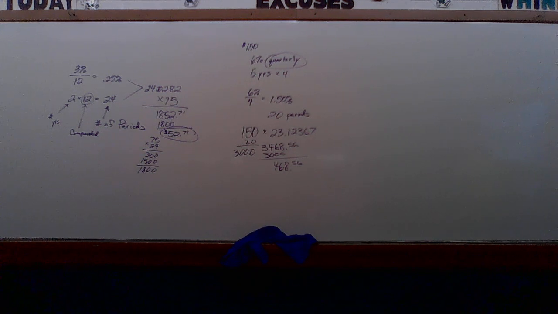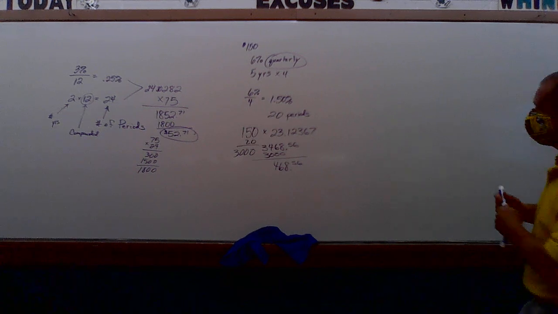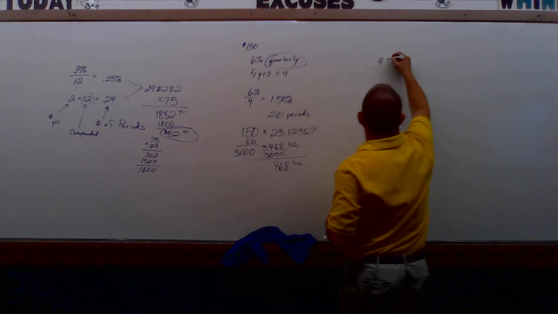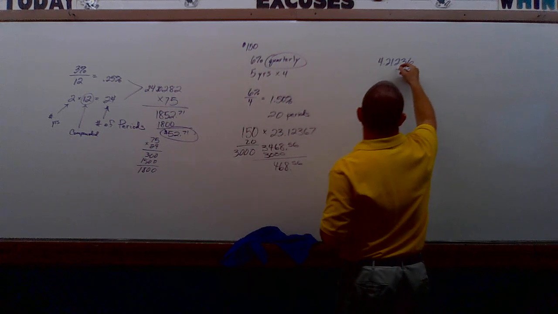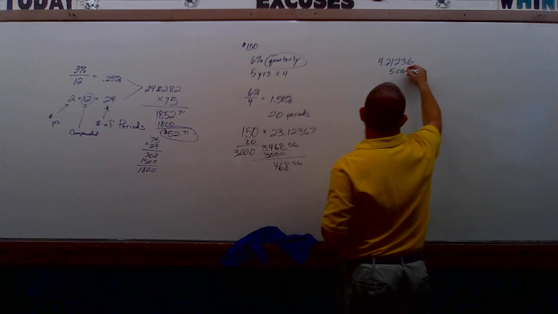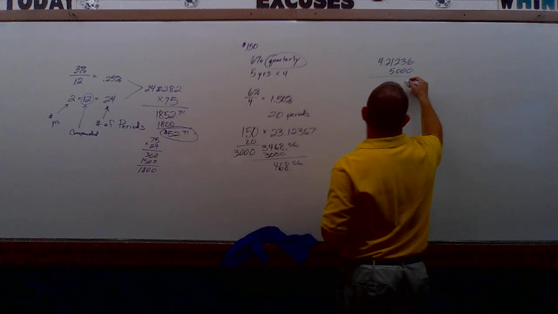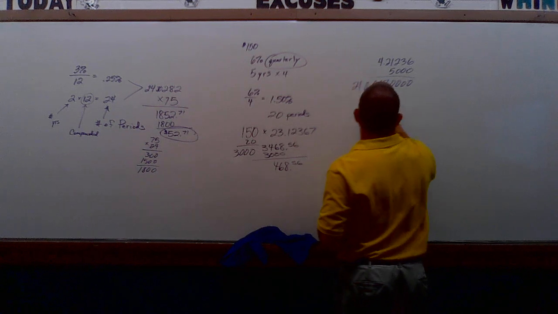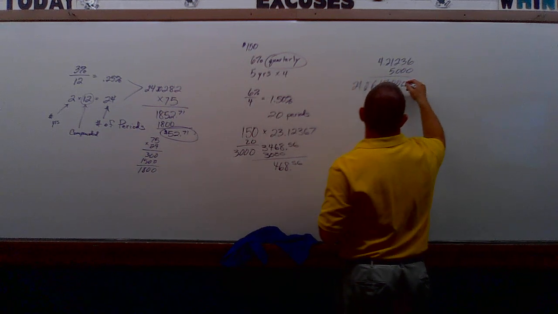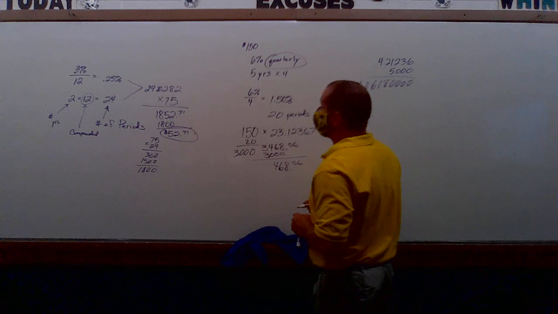Is there 5 periods with 6%? Yeah, so we'd use 4.21236. Now I'm going to multiply that by 5 grand, wasn't it? Yes. That gives 21,061.